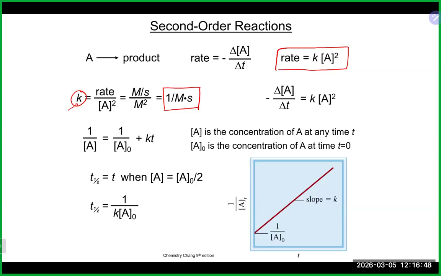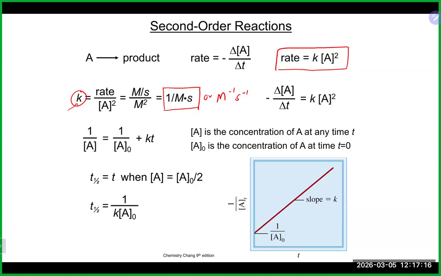You could have 1/molar minutes or 1/molar hours. That would still be second order. It's really 1/molar times some unit of time. The most common unit of time we deal with is seconds. And just like the other one, you could write this as M to the -1 s to the -1 as well, which is just another way to display it.